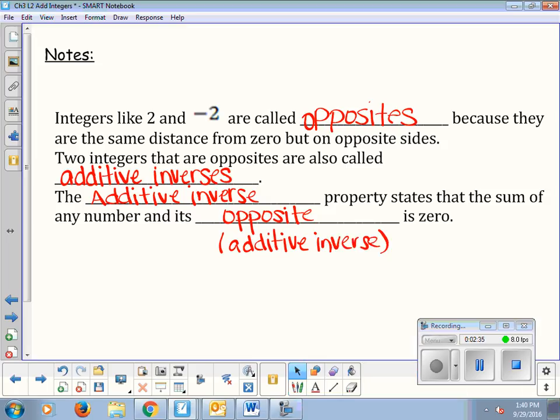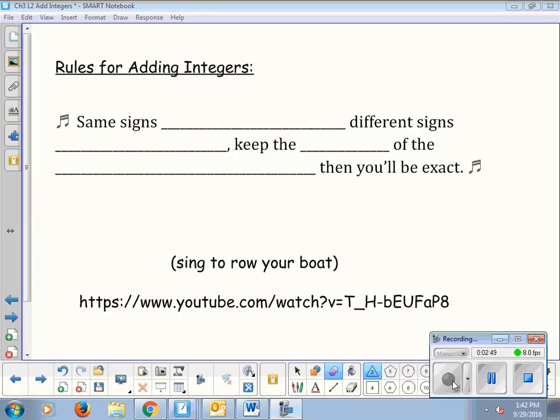So if we were to add 2 and -2 together, 2 plus -2, what does that equal? 0. They are additive inverses or opposites, which means their sum is 0. Okay, our rules for adding integers are: when you have the same sign, you add and keep.